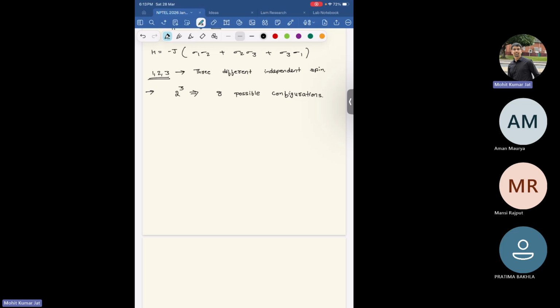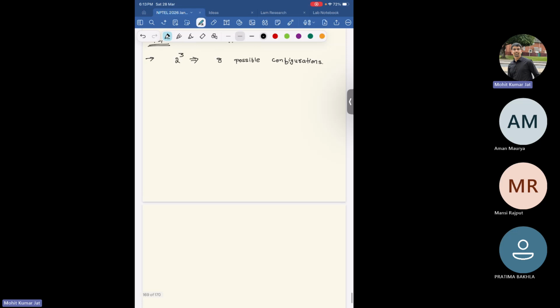So now we'll have to see what the 8 possible configurations are and what the energy corresponding to those configurations is. If we can estimate the energy and the degeneracy of those configurations, then we can easily estimate the partition function. So now let's just estimate.